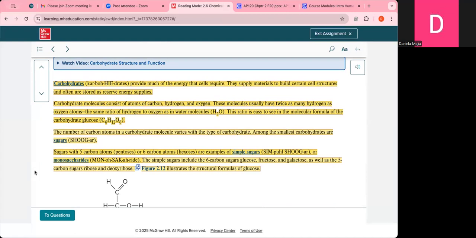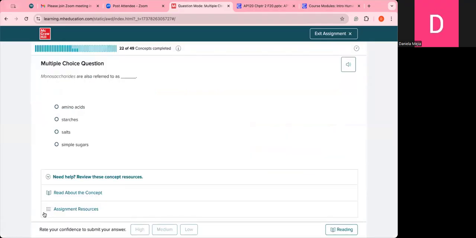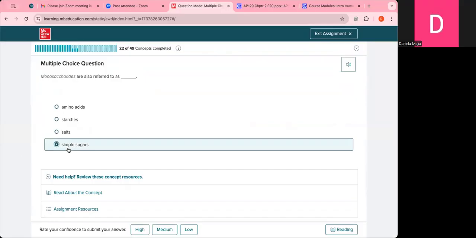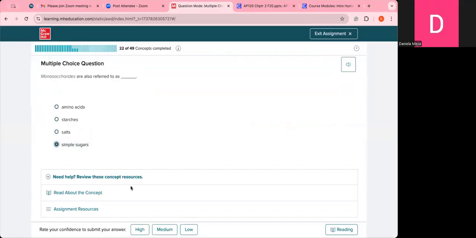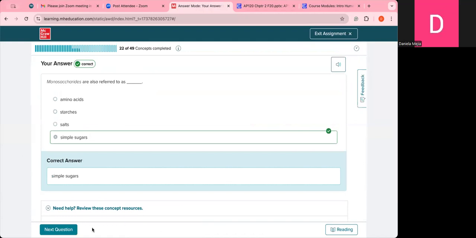Sugars with 5 carbon atoms, pentoses, or 6 carbon atoms, hexoses, are examples of simple sugars or monosaccharides. So another name for monosaccharide is a simple sugar.